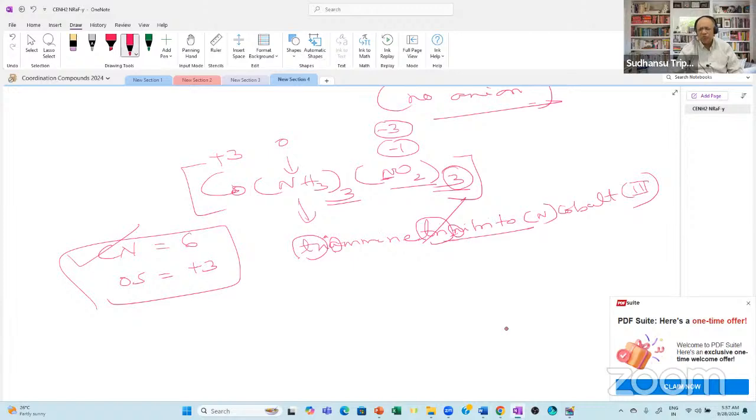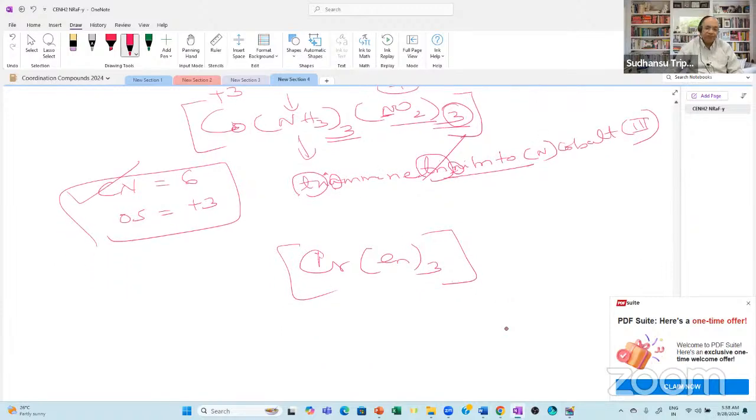So you try to write another one. Say you have chromium en whole 3. I would like to make it 2 and Cl2. Make it neutral. No ion will be floating to the left or right.